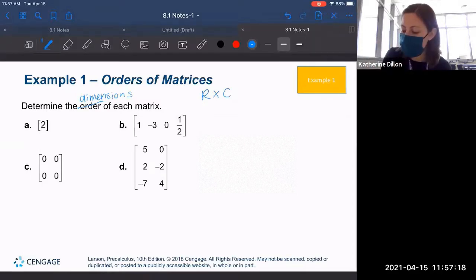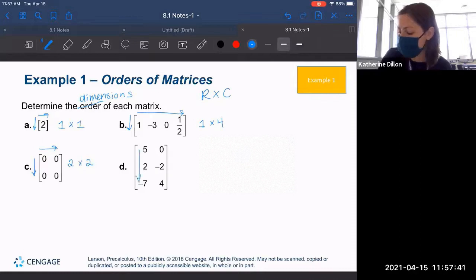That first one, A, has only 1 row and 1 column, so that's a 1 by 1 matrix. B has 1 row, but 4 columns, so that's a 1 by 4 matrix. C, even though it's all zeros, 2 rows, 2 columns, that's a 2 by 2 matrix.